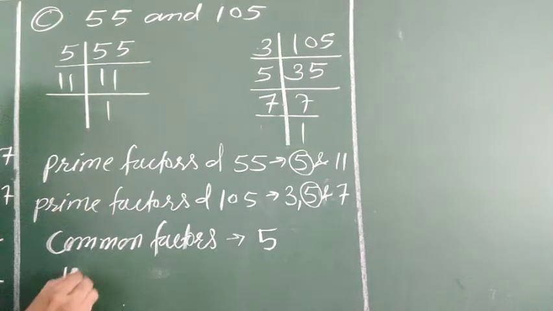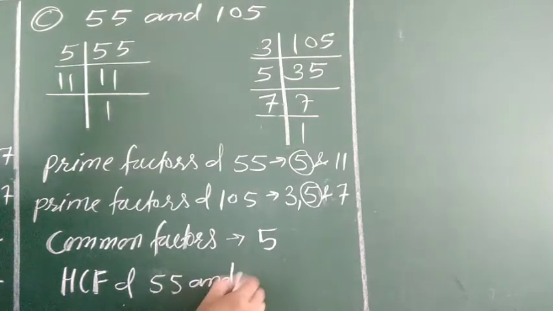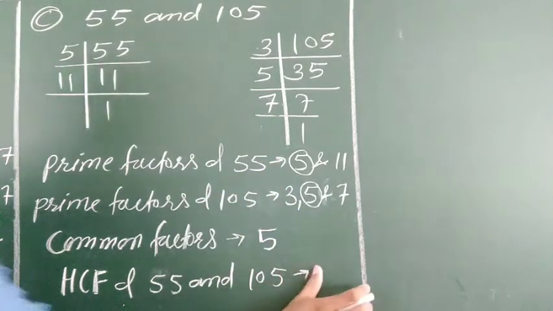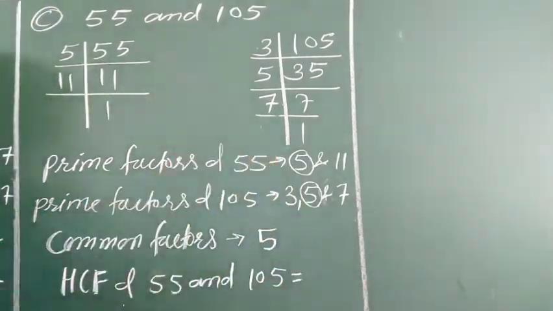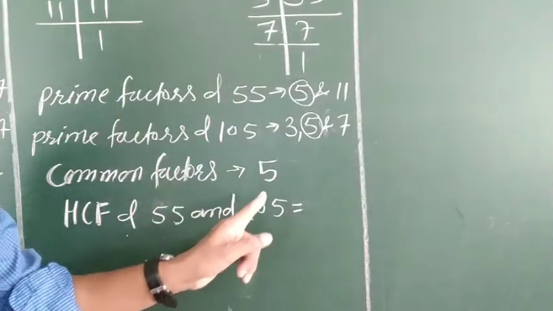Now see, HCF of 55 and 105. What will it be here? See, only one factor is a common factor, that is 5.